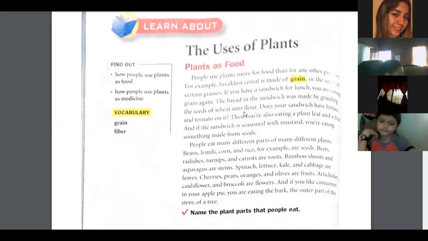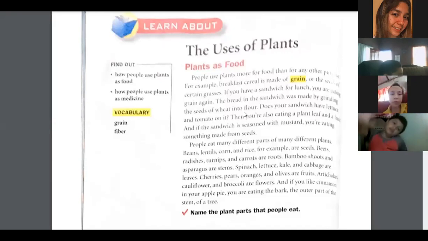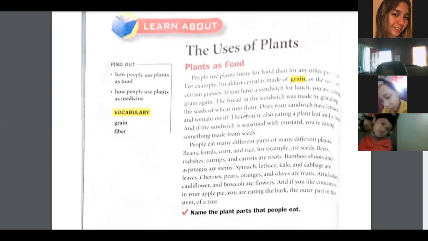For example, the beans, frijoles, lentils, corn, rice. Others are like beets, radish, turnips, carrots, and those are roots. They also eat bamboo shoots and asparagus. Those are stems.